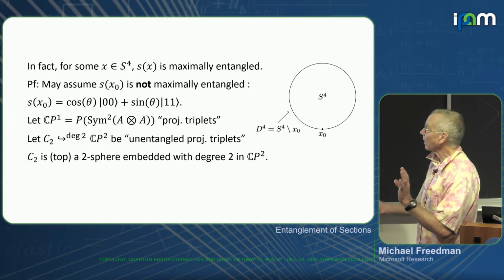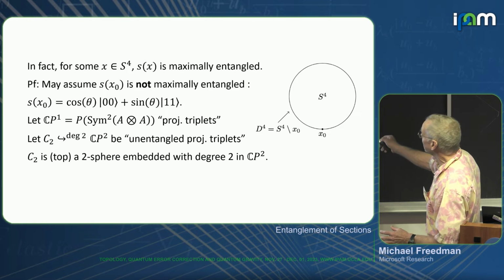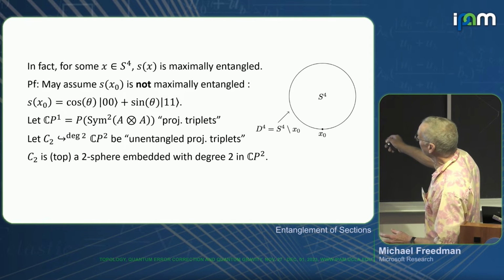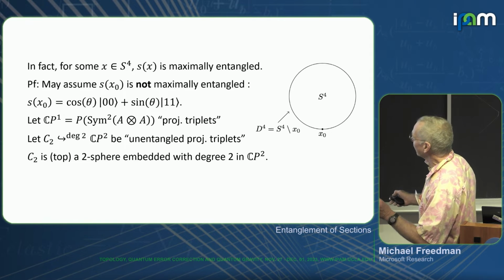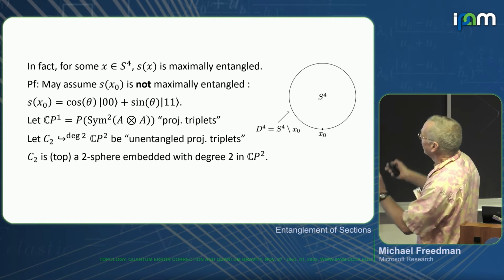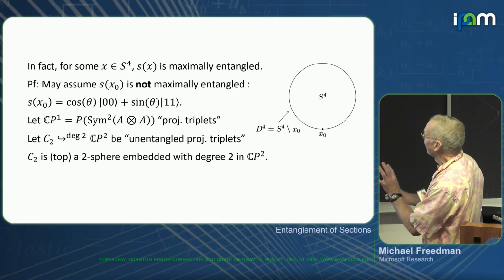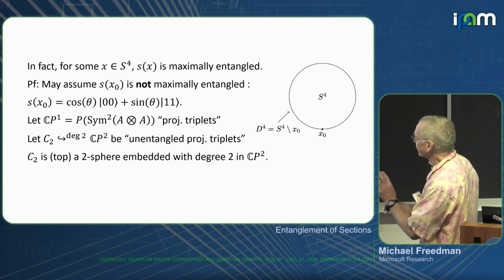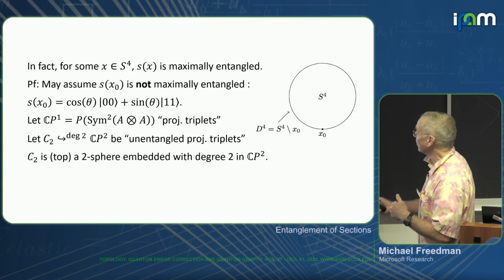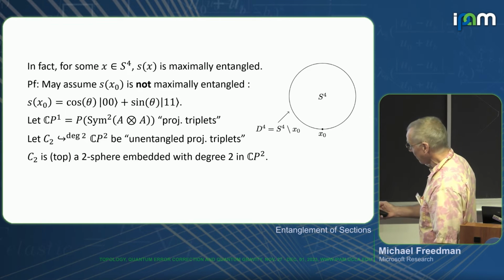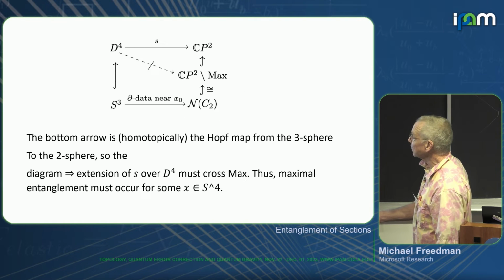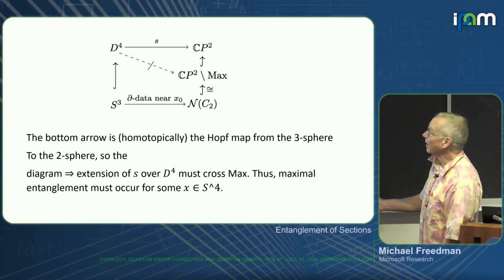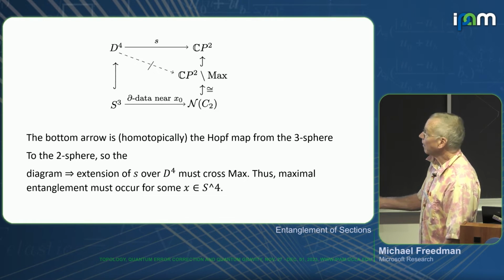You look at, as you proceed in all possible three directions from the North Pole to the South Pole, the limiting value for the section appears in the coordinates of the northern hemisphere as the orbit of whatever the section was here under SU2. So this orbit is this three-sphere mapping into a neighborhood of the unentangled vectors.